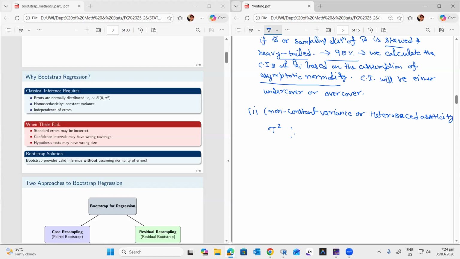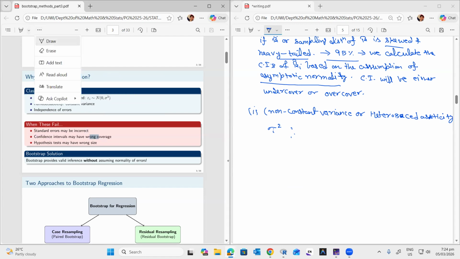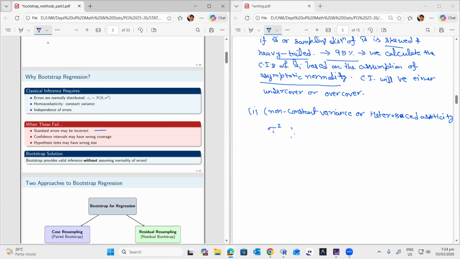As we have discussed, the standard error may be incorrect, confidence intervals may have the wrong coverage, and hypothesis tests may have the wrong size. All right, so bootstrap provides valid inference without assuming normality of the errors here.